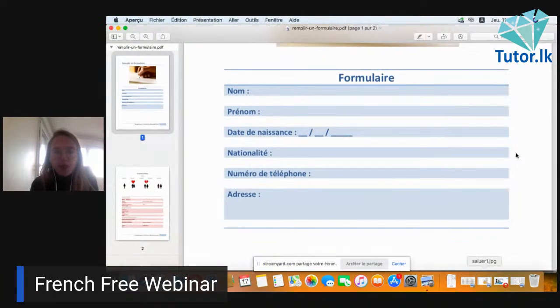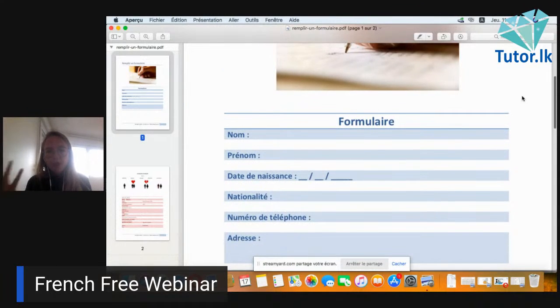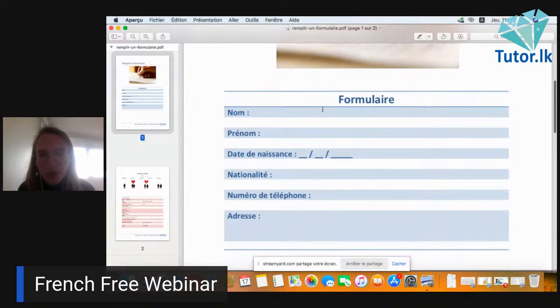So, for example, just to show you, you go to France and you want to fill a form to subscribe to a sport abonnement. I'm not sure about the vocabulary. So you would have to fill those forms.